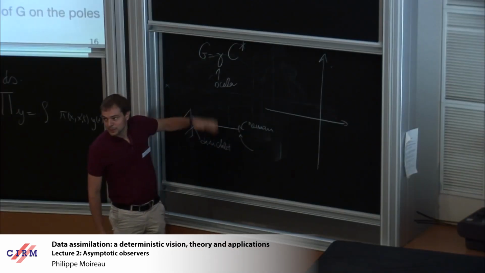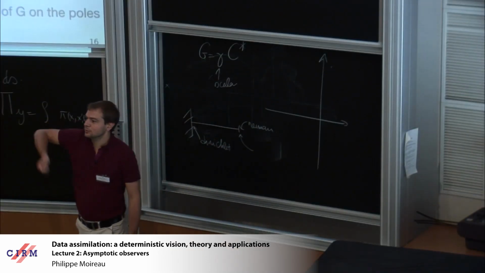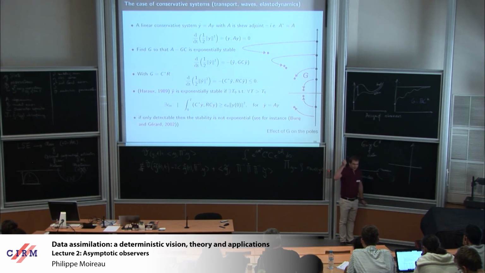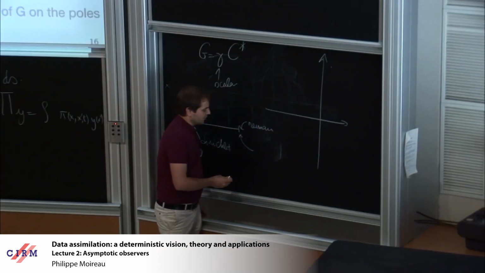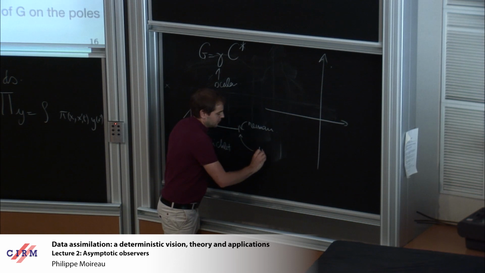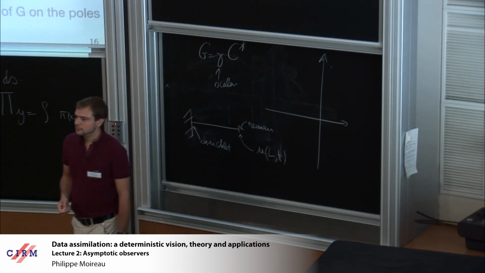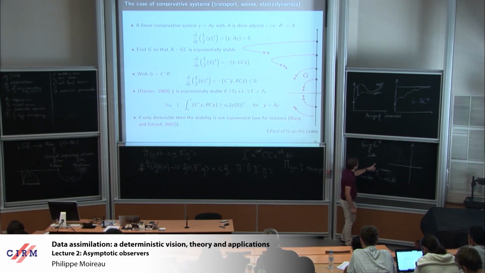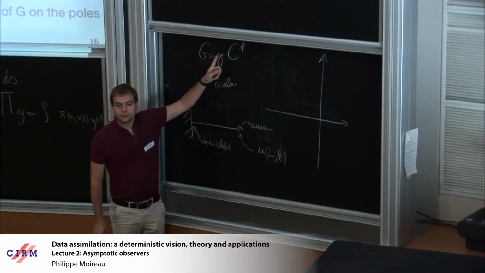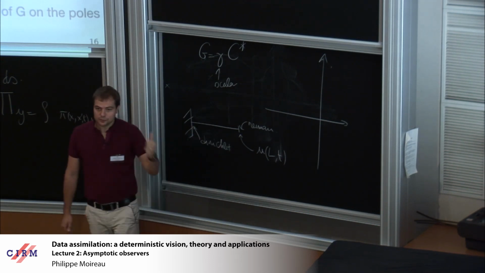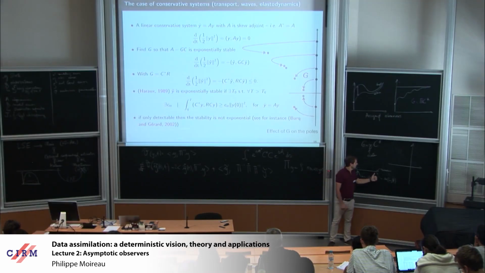So you have a rope, and I know only where the position of the last point of the rope is. If you choose that as an observation, the position at this point is your observation, and you try to use that. Basically, you will try to control with a control which is also at the end of the rope.